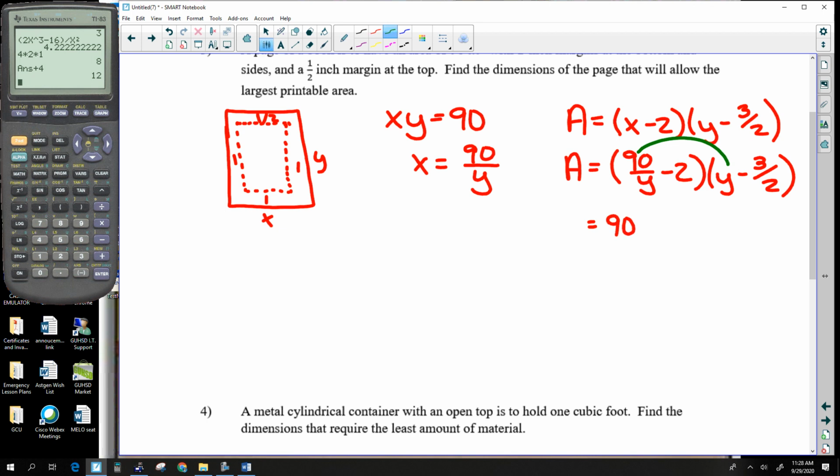The next one is 90 over y times negative 3 over 2, and that is 27 over 2y, so this will be minus 27 over 2y minus 2y plus 3.